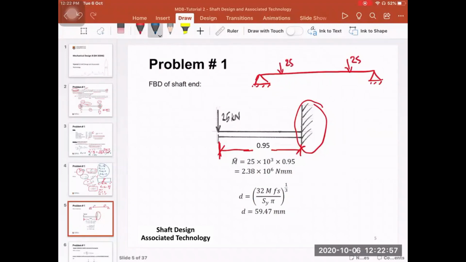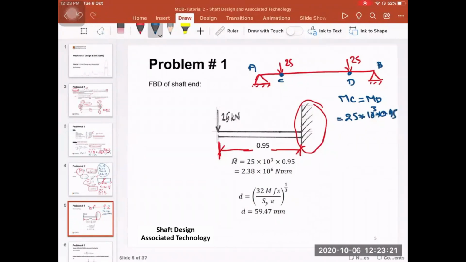Then, if you were to find the bending moment, let's say this is point A, this is point B, C, and D. So the bending moment at point C is equal to the bending moment at point D, and this is equal to the force, 25 times 10 to the power 3, times the distance, which is 0.95.